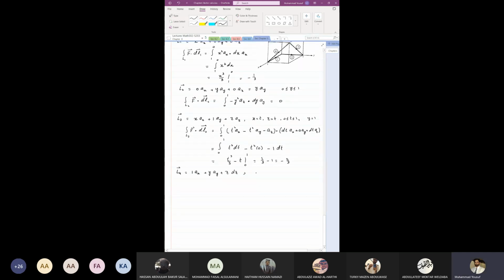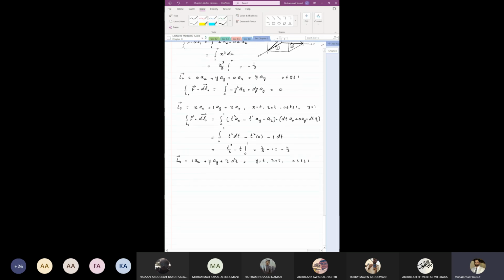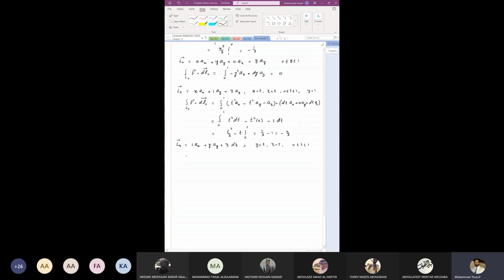So we can say that y is equal to t, z is equal to t, and t is between 0 and 1. So this line integral along L4 is F dot dl4, 0 to 1.